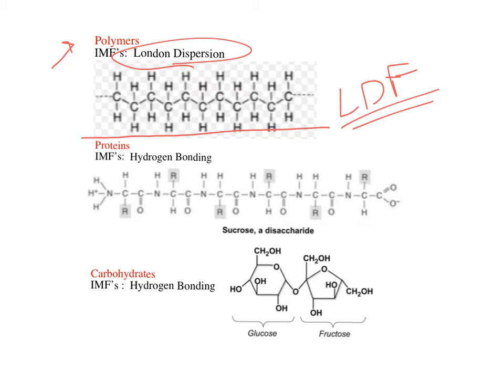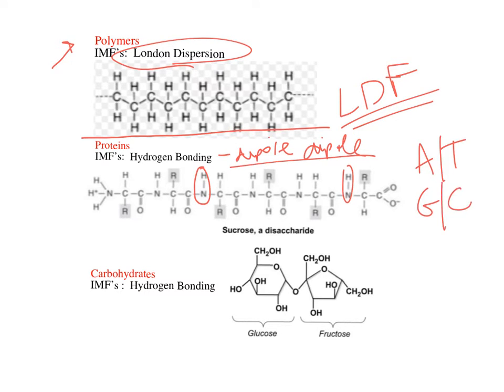Proteins, you guys have studied in biology. You can see here that there's some areas that we can have hydrogen bonding occur. If you look, anywhere we see an H attached to an N, an O, or an F, those are sites of potential hydrogen bonding. There's also a little bit of dipole-dipole in here too. But for the most part, all our proteins, and also think about our base pairs, all that stuff back from bio days, those are all attracted to each other due to hydrogen bonding.